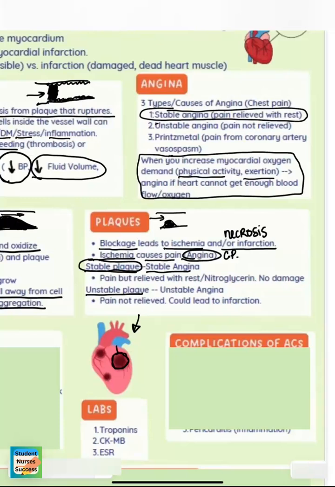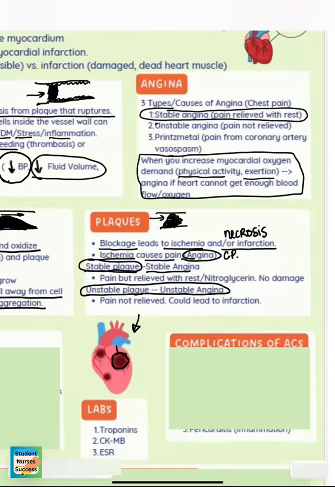Now we have something called an unstable plaque, and an unstable plaque causes unstable angina. An unstable plaque is a plaque that is at risk for ripping off and flopping around. So if we have this plaque here, if it becomes unstable, that means it can actually rip off from the edge and start to block the whole artery.